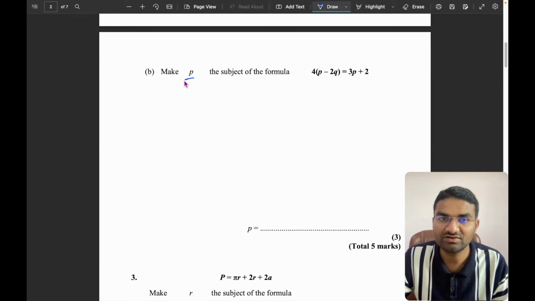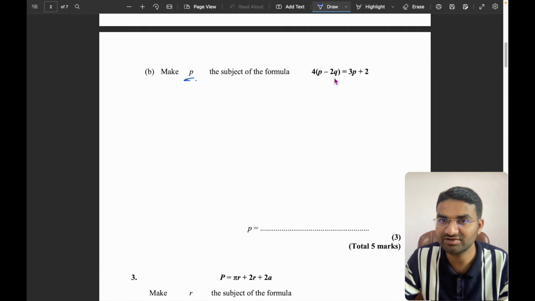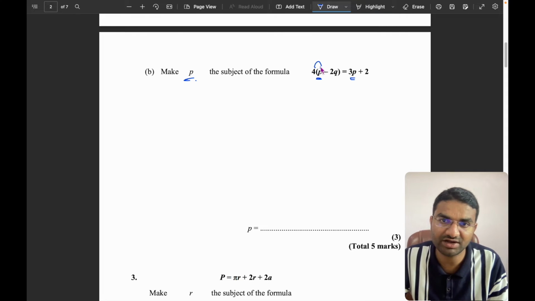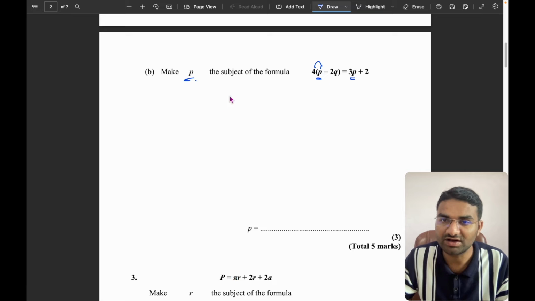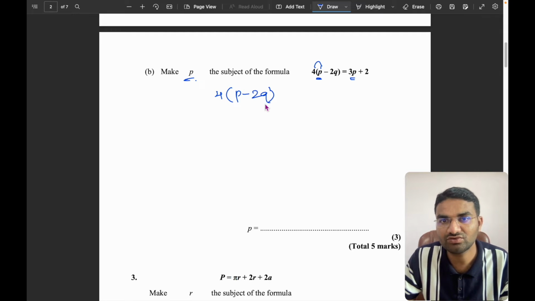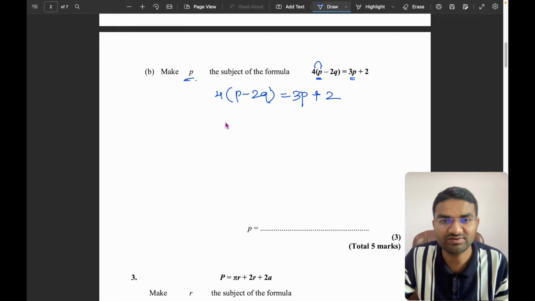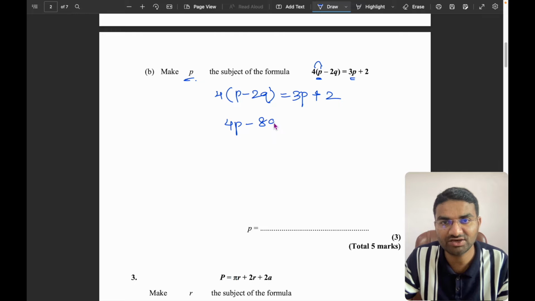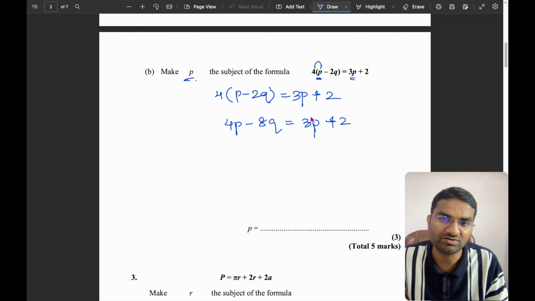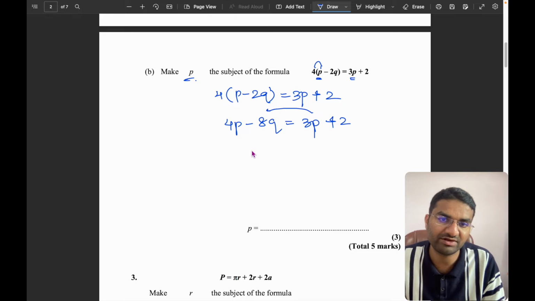Then next, we have to make P the subject of the formula. Here we have a P on both sides, right? So firstly multiply this 4 into the bracket. So 4P minus 2Q is equal to 3P plus 2. Then 4 times P is 4P, minus 8Q is equal to 3P plus 2. Transfer this 3P to the left hand side.